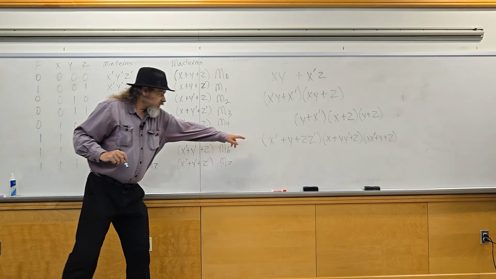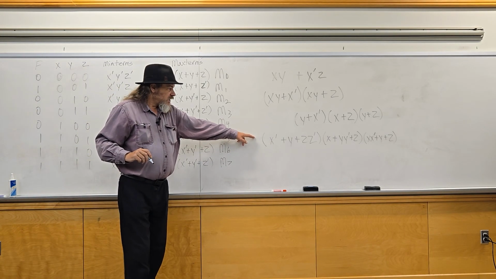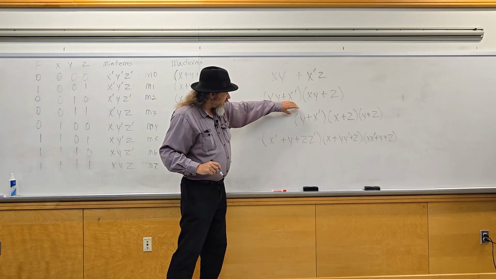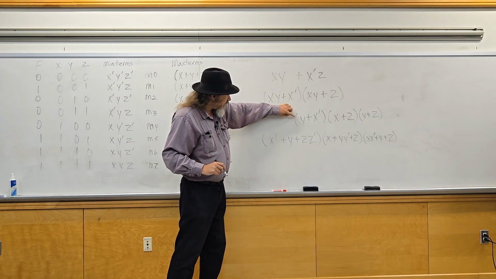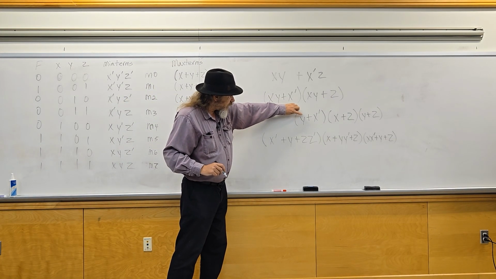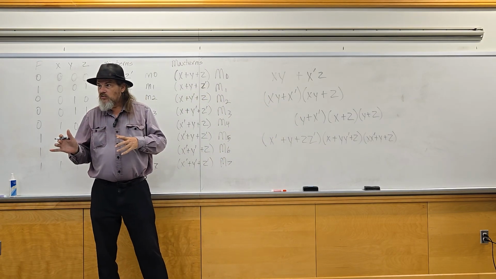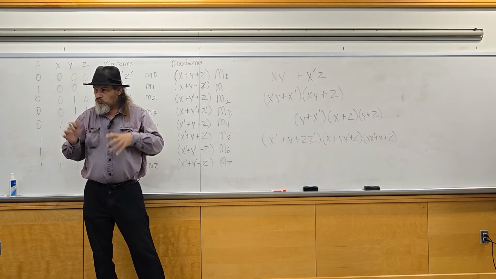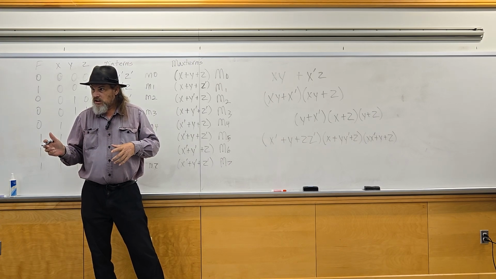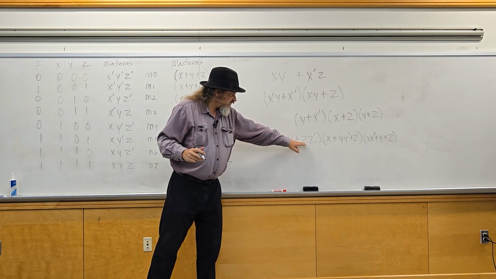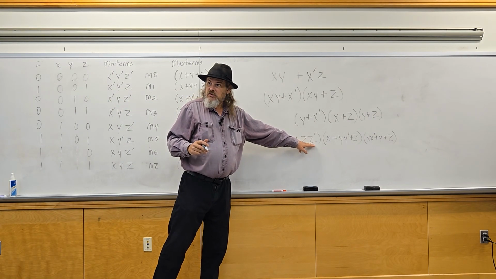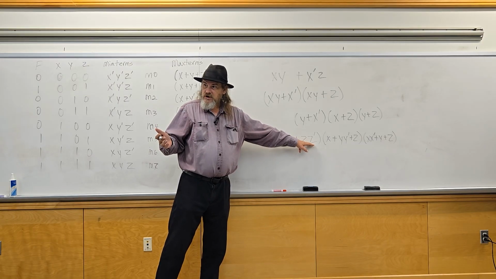This part right here? Okay. You have the x prime y, ORed with 0 is still x prime y, right? Z and not z is always 0, right?